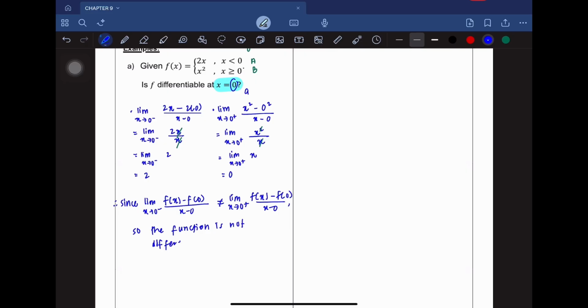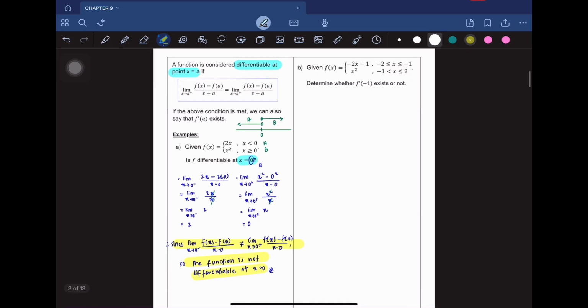Okay, remember untuk proof soalan proving awak mesti buat conclusion balik untuk menjawab soalan. Okay, at x equal to 0. Okay, so that's how you prove whether a function is differentiable at a point or not.